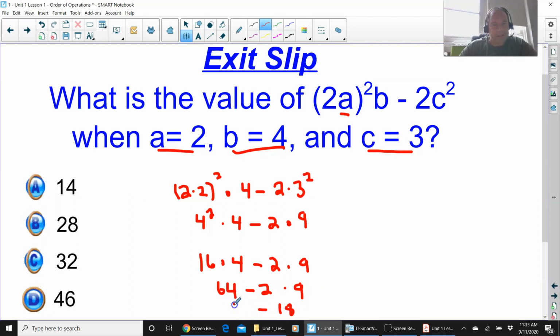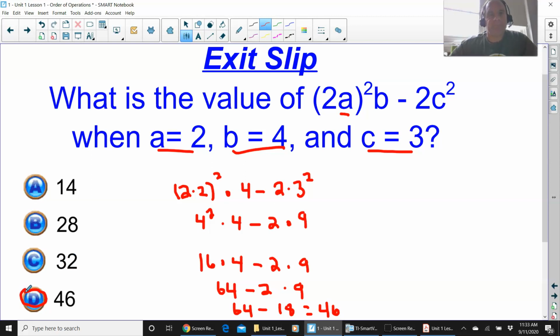I'm going to put the minus sign down, and I'm going to do 64. So I have 64 minus 18. And 64 minus 18 is 46. And D should be your answer.